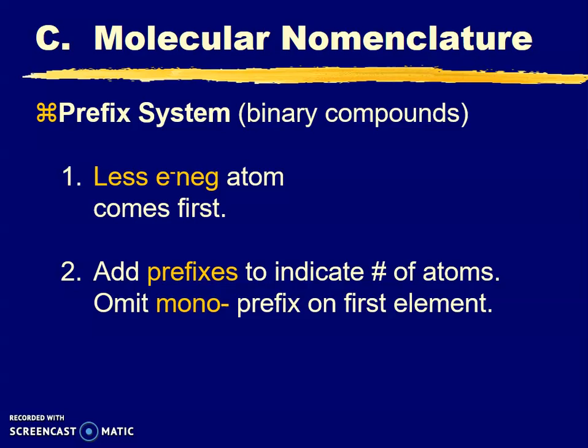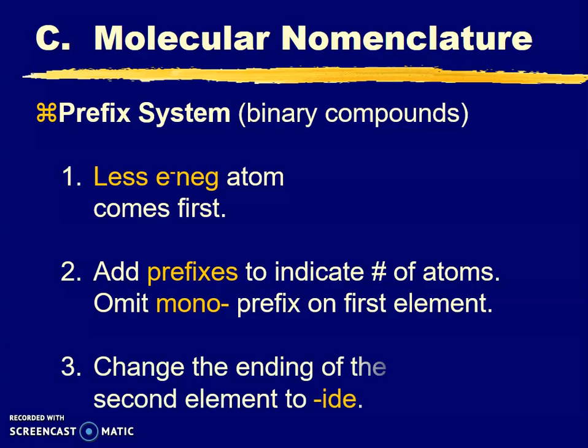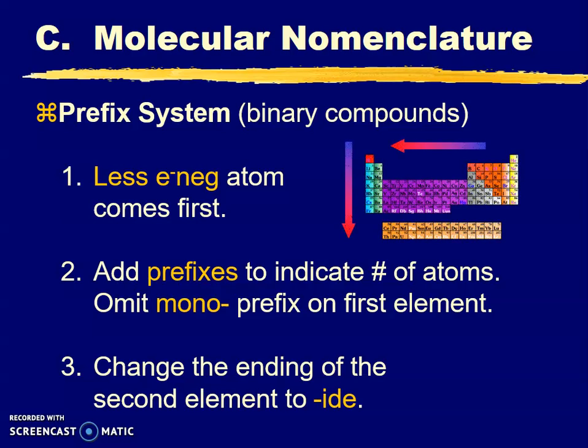All other prefixes get used on both words. And I'm going to do some examples to show you this. And then the third step of naming a molecular compound is you change the ending of the second element to -ide. Okay? So let's do some examples.